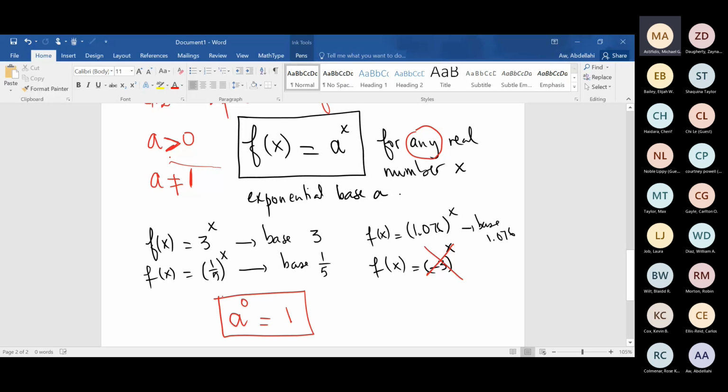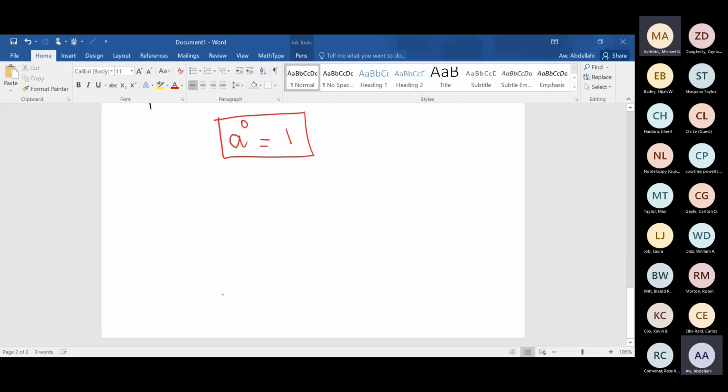So if you want to plug into an exponential function, we're going to see an example right here. F of x is equal to exponential base 2 of x, right? If you want to plug in numbers, you substitute the x, not the 2, right?